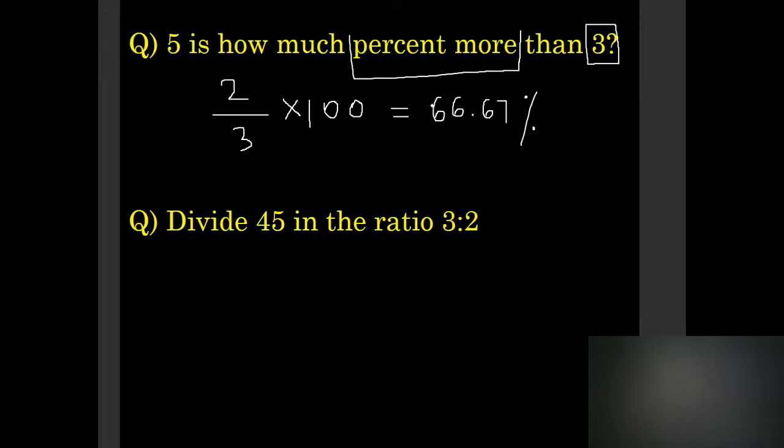Okay, next one. Divide 45 in the ratio 3 is to 2. Can anyone answer that?